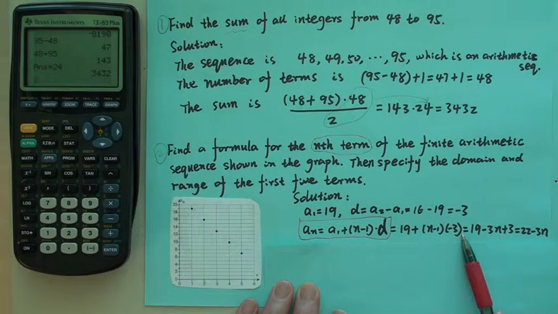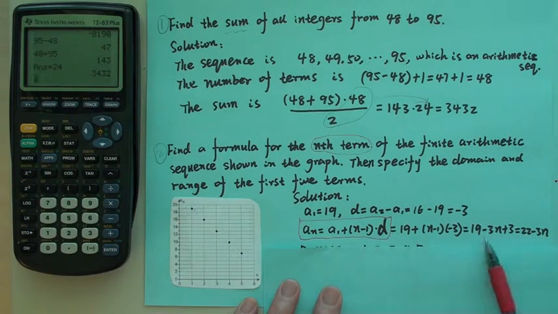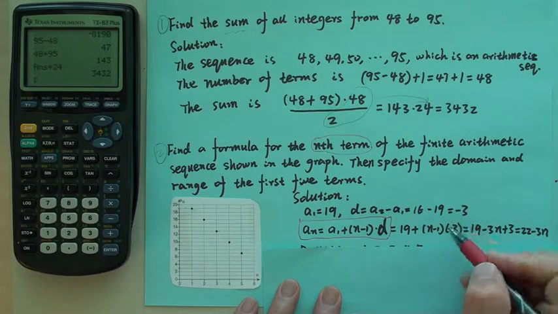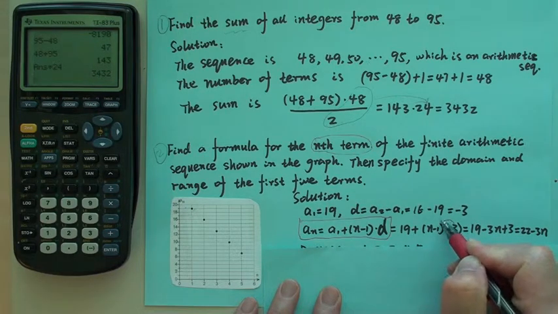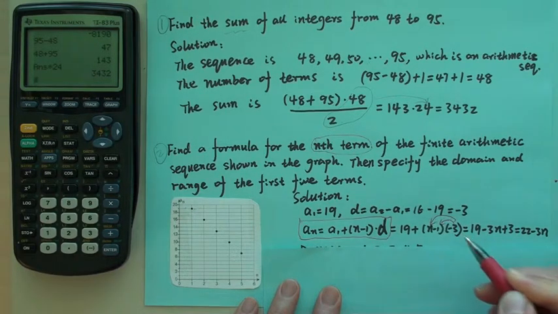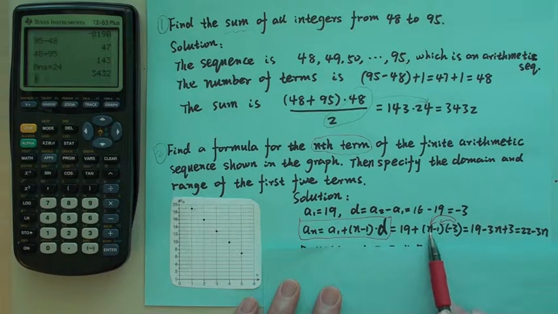You want to simplify this expression. Using the distributive property, negative 3 times n is negative 3n, negative 3 times negative 1 is plus 3. 3 plus 19 is 22, so 22 minus 3n.